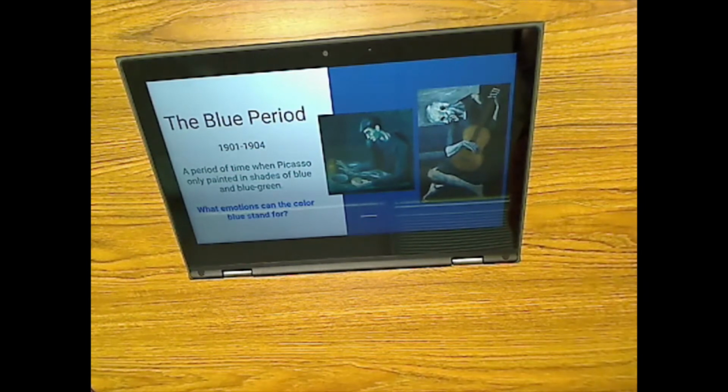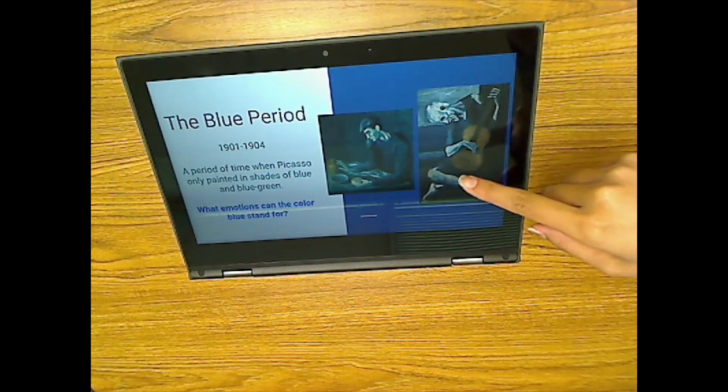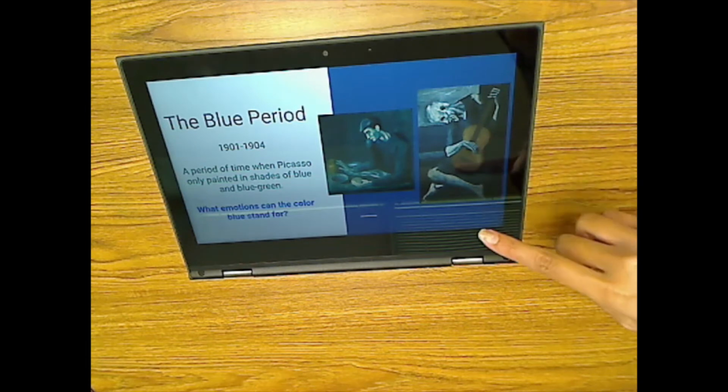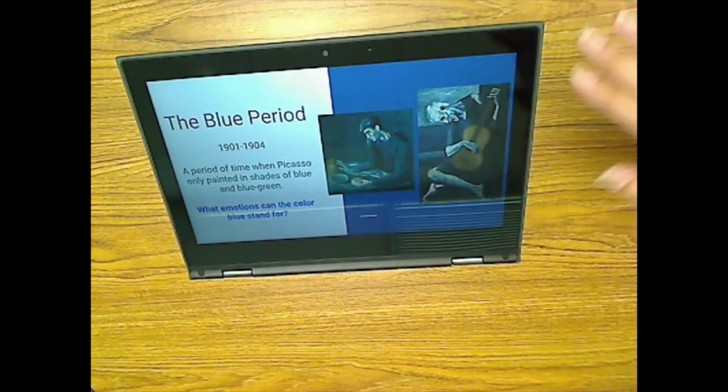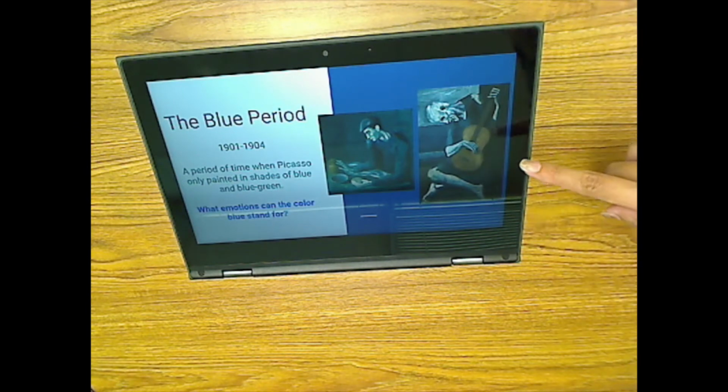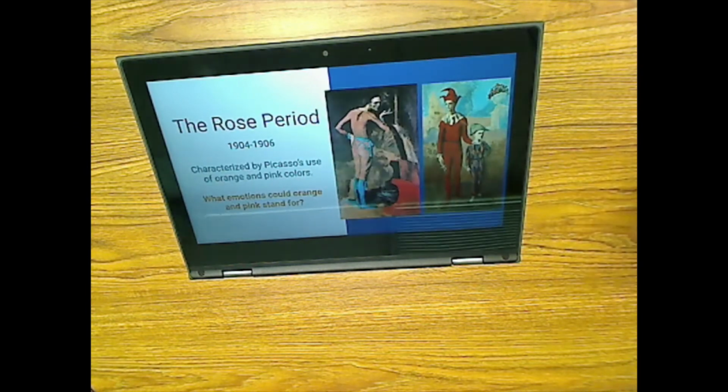We looked at the different periods of art that he went through. So the first one was the blue period, where he only used different shades of blue and blue-green. So we said that blue and blue-green can stand for sadness, right, or loneliness, or things like that. After the blue period, he went through the rose period.